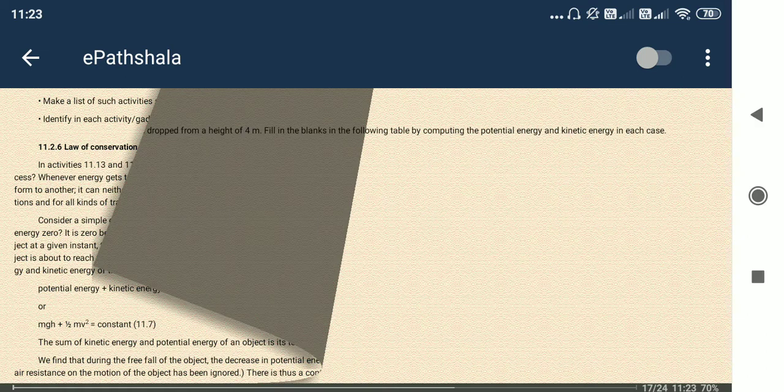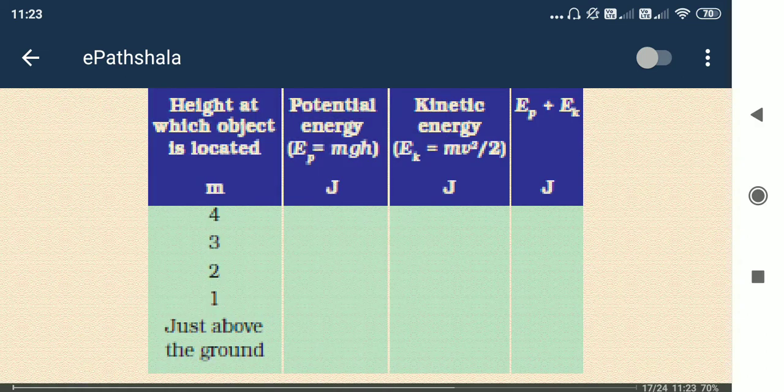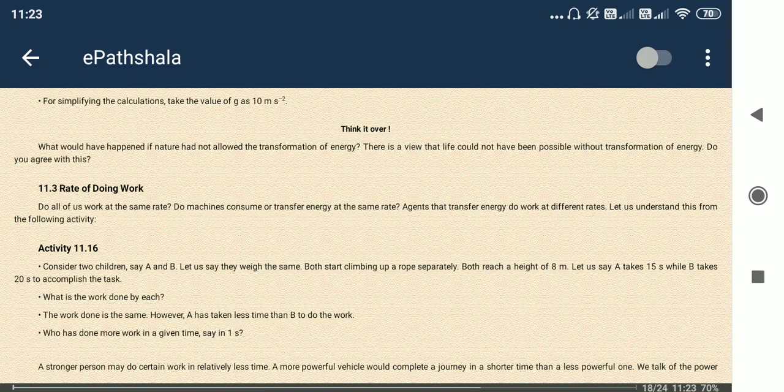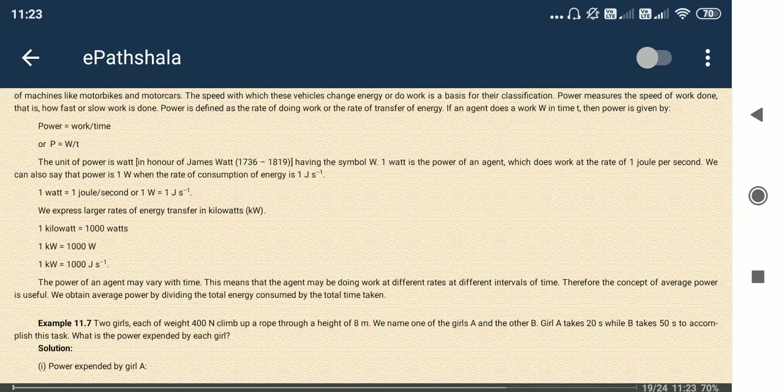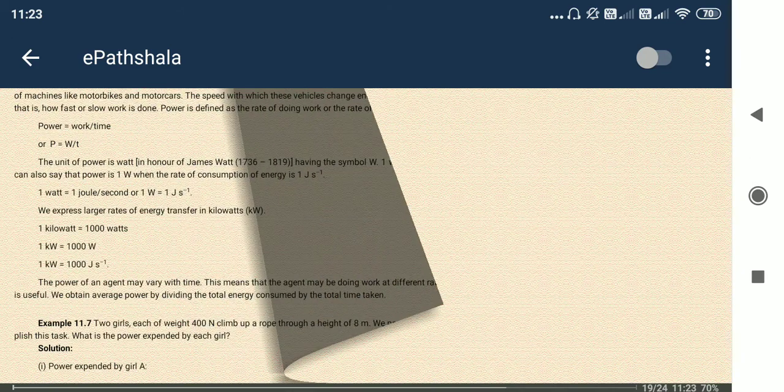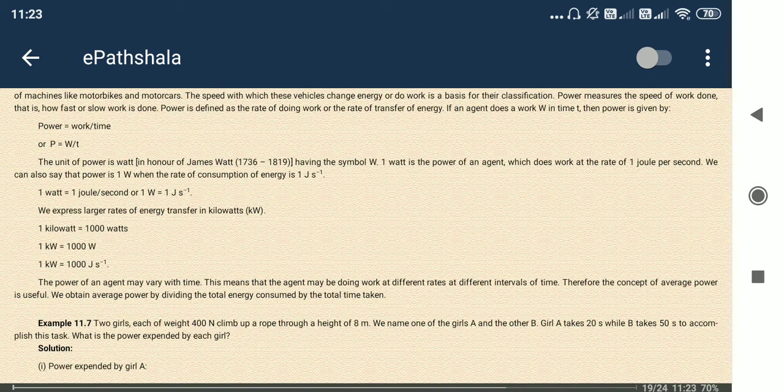Now the rate of doing work by an object or a man, meaning per unit time how much work he is doing, is the power of the object or the man. So power is work by time: P equals W by t, the work done in time t.